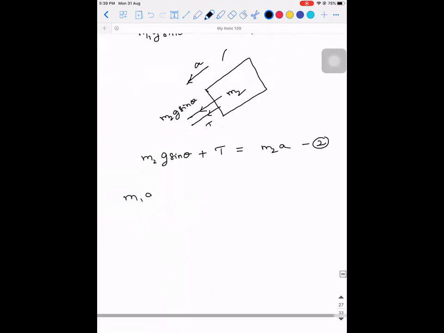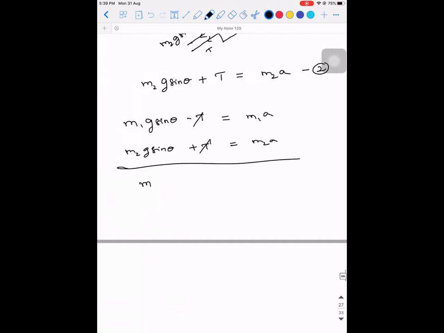So what will be the equations? m1g sine theta minus T is equal to m1a. m2g sine theta plus T is equal to m2 into a. When I add both, the tensions cancel, and (m1 plus m2) into g sine theta will be equal to (m1 plus m2) into a.